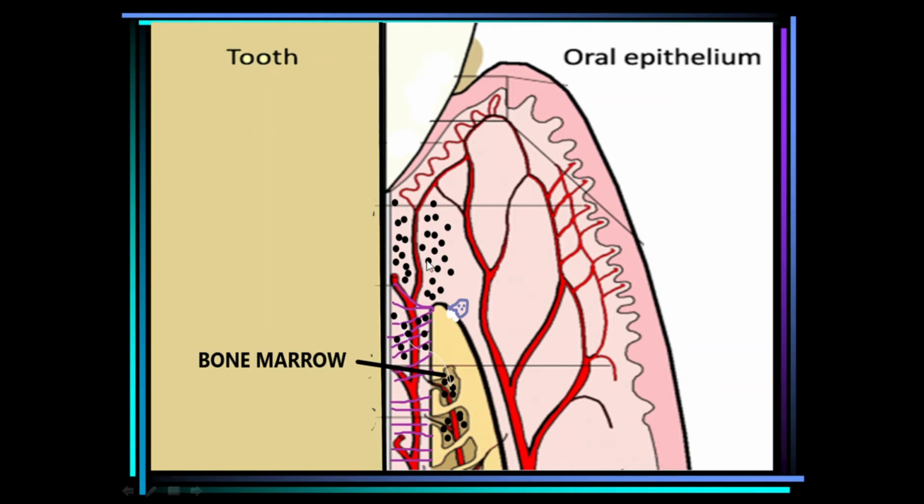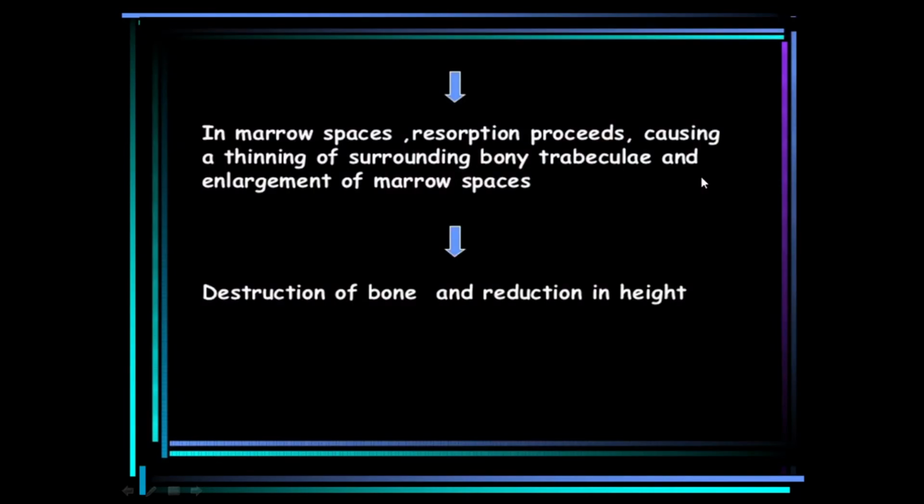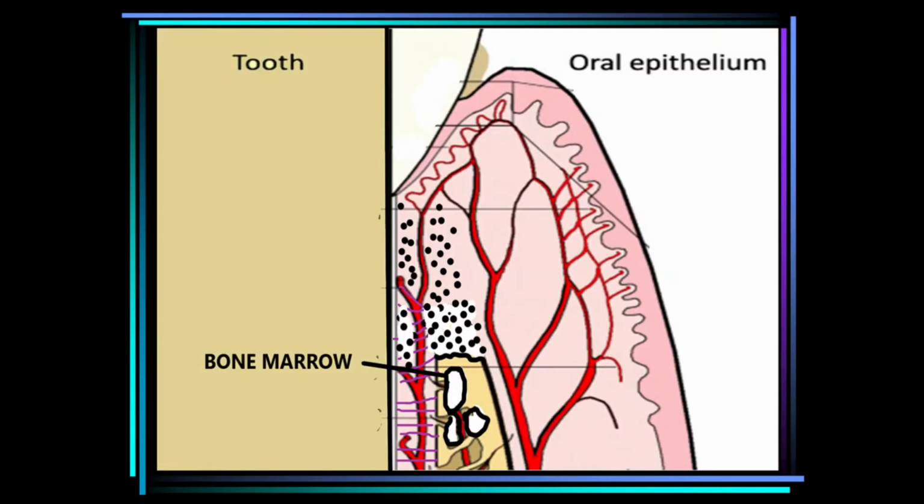So we can see inflammatory infiltrate in the bone marrow as well as in the connective tissues. In the marrow space, the resorption process causes thinning of the surrounding bone trabeculae and enlargement of the marrow space, and destruction of bone and reduction in the height of the bone.